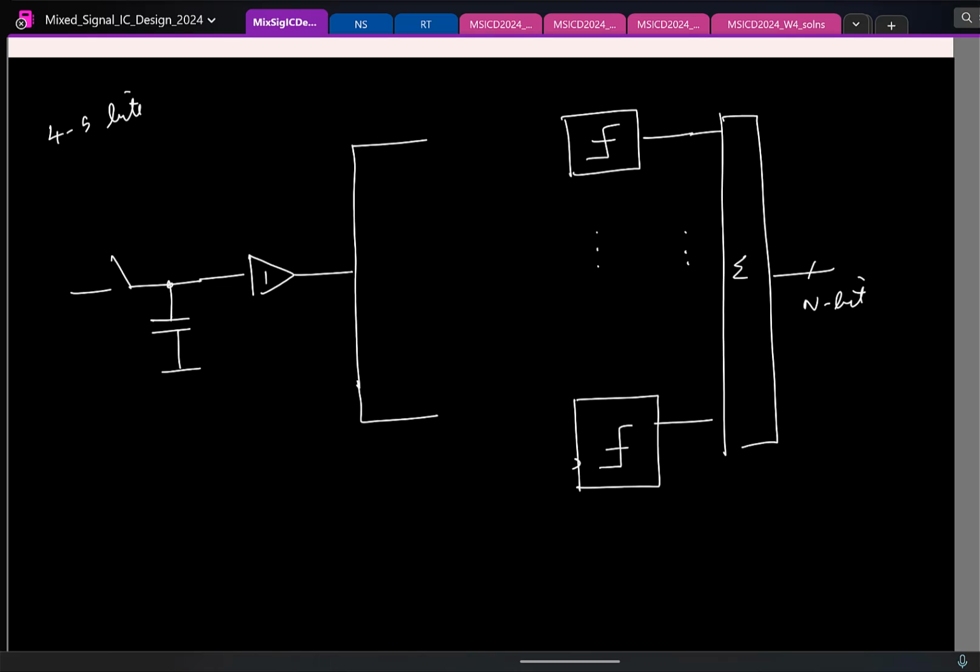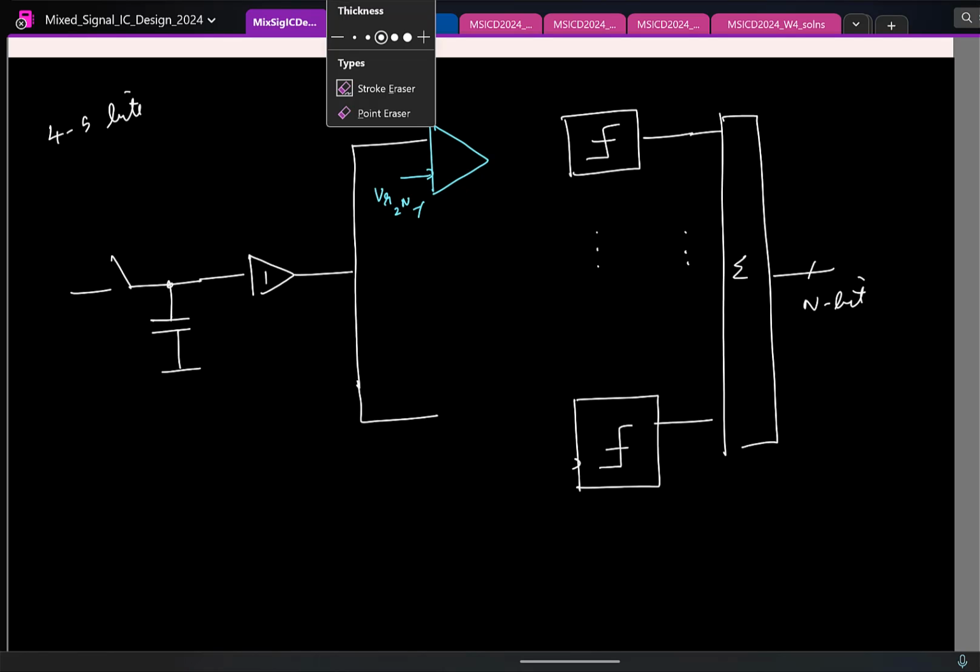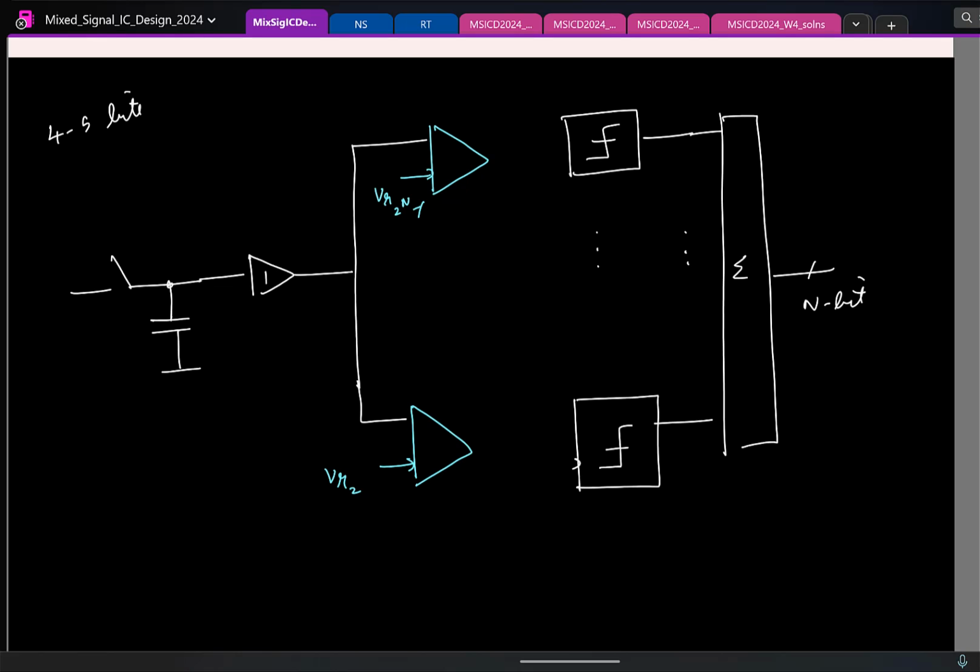So we'll have a preamplifier here, the references will be given to this, and this is then given to the latch.